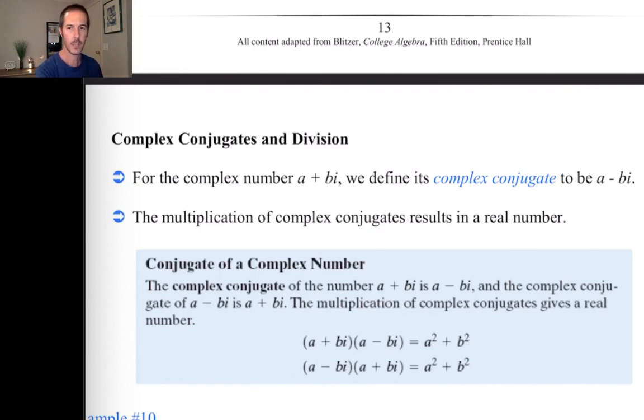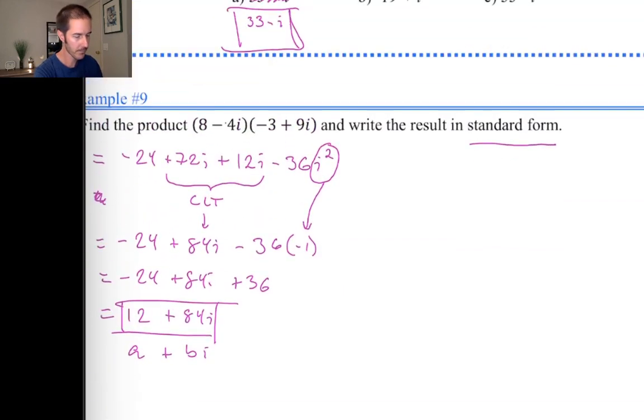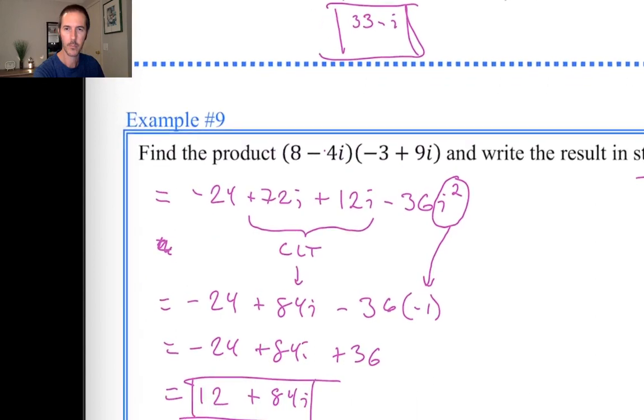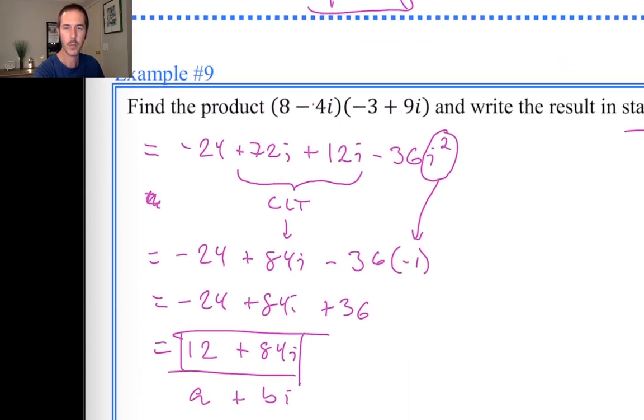The interesting thing about complex conjugates is that when you multiply them together, when you FOIL them, if these two complex numbers had been complex conjugates, the O and the I terms would have been opposite one another and they would have canceled out entirely, and you wouldn't have any imaginary term left at all.